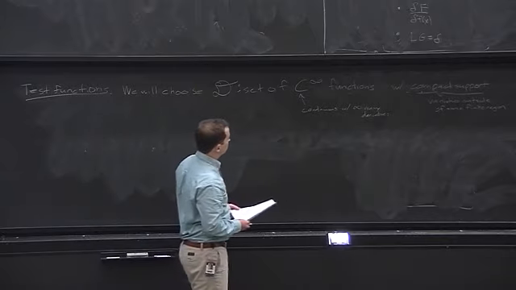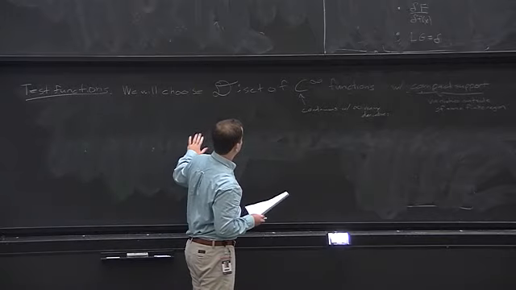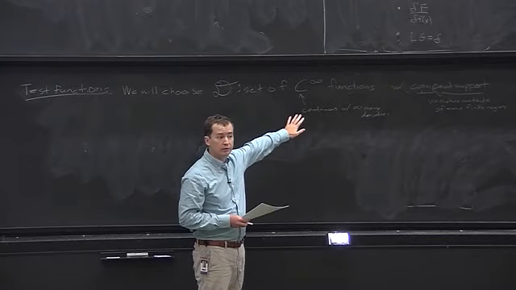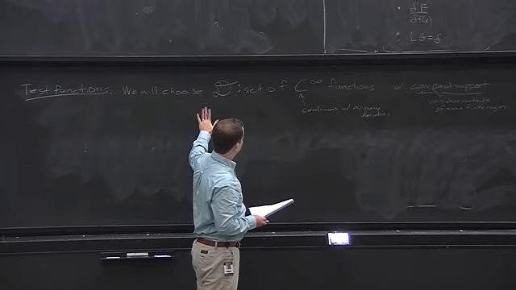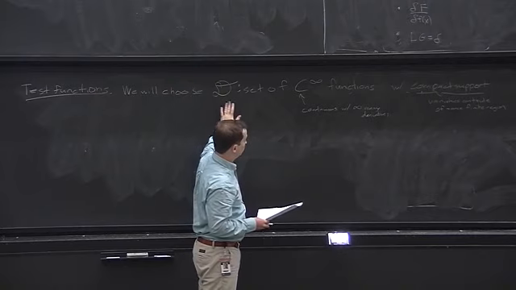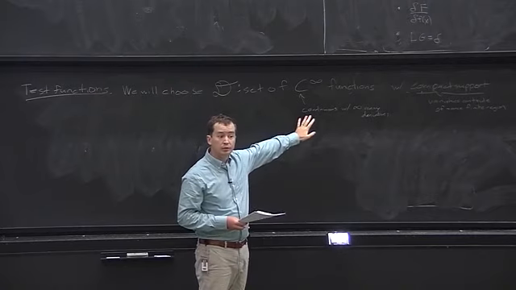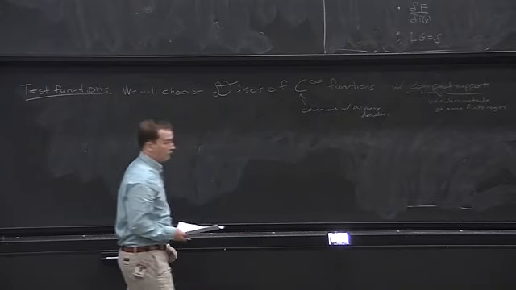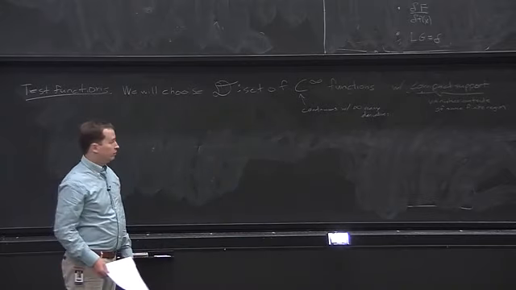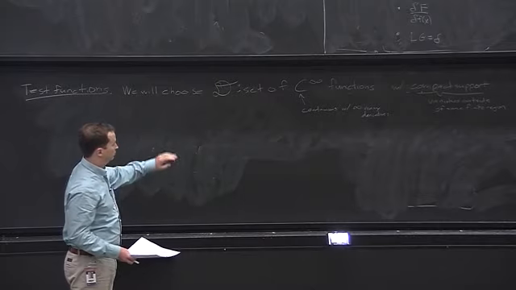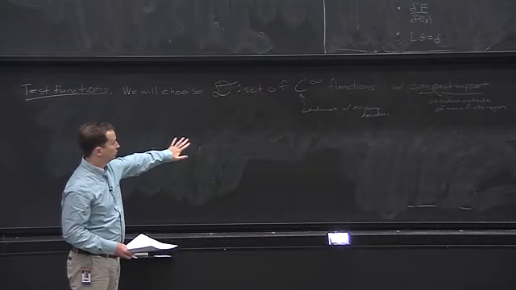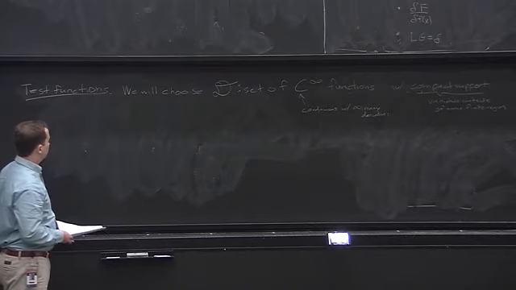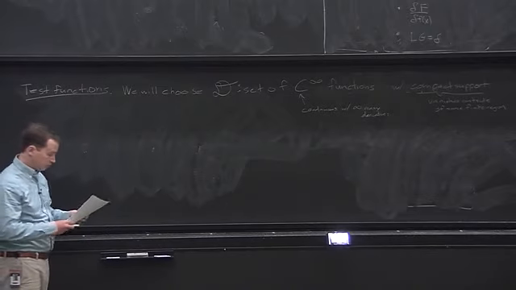It would be slightly more difficult to do some of the derivations. The other reason I'm making this choice of test function space is that, in general, the more restrictions you place on your test functions, the nicer your test functions are, the wilder your distributions can be. So this is a very restrictive set of assumptions on our functions, which will allow us to have a rather large space of distributions.